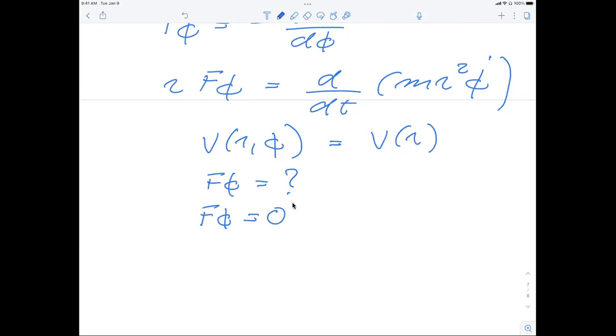Now, if you look at what we have here, let me see if you remember some of the things which we have discussed. So this obviously means that our left-hand side is 0. I still have to learn the difference between right and left. So what we have then is that this term is conserved. m times r squared times phi dot is a conserved quantity.